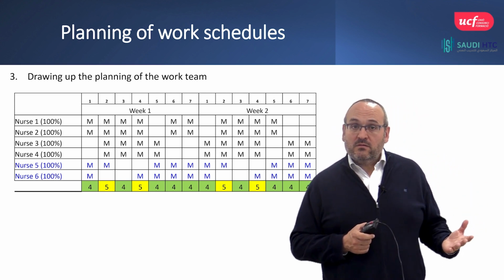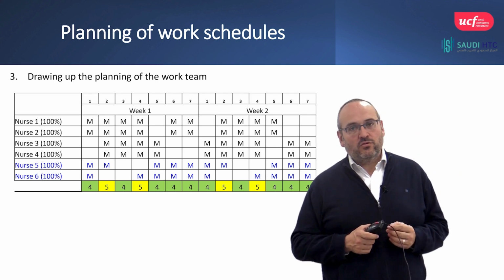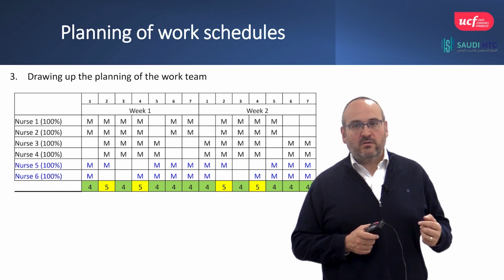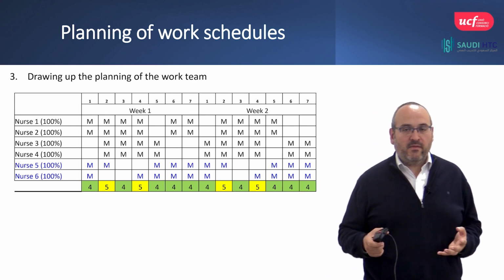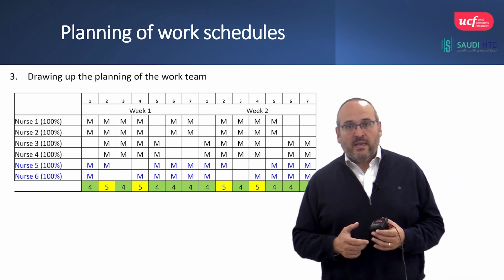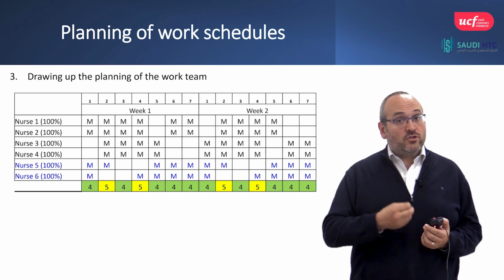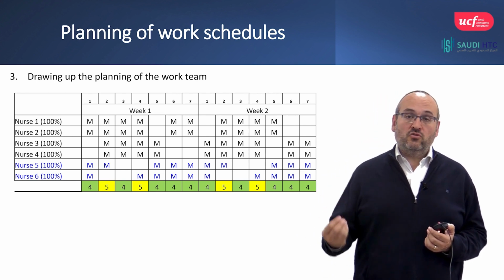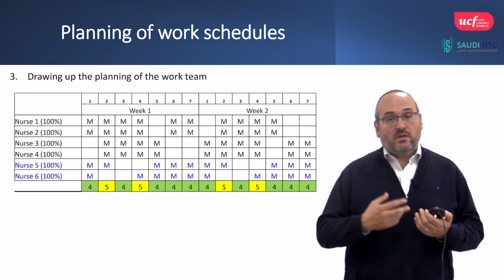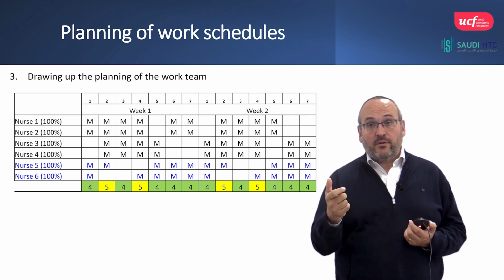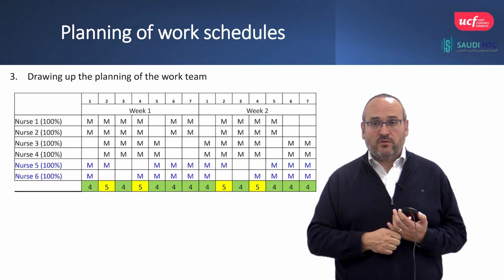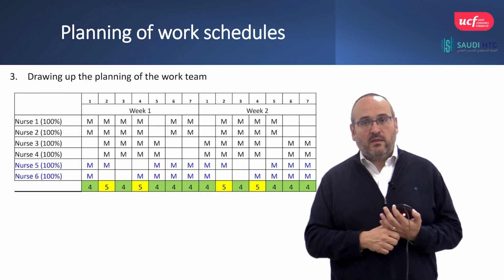As you can see, we have added one more day of fixed work for these two professionals during the week. You see, for example, that Nurse 5 starts working every Tuesday, adding one more fixed day in the week, and for Nurse number 6, we have added one more fixed day, which is Thursday. You can see that she also works on 2 Thursdays in this cycle.